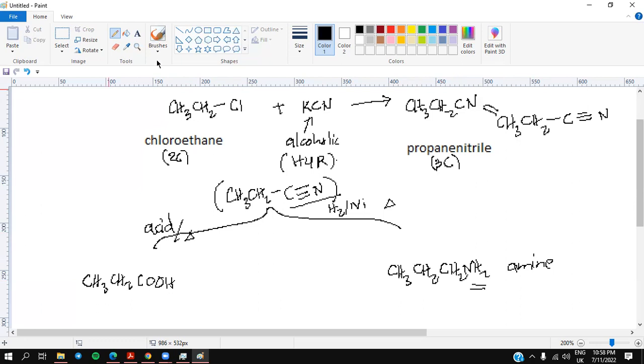There are 2 reactions. A nitrile can be reacted with an acid and heat to get a carboxylic acid. If a compound like this reacts with hydrogen and nickel, you get amine formation.